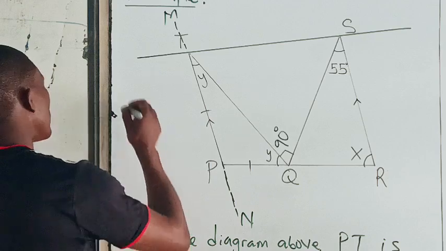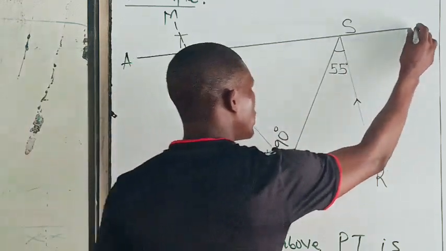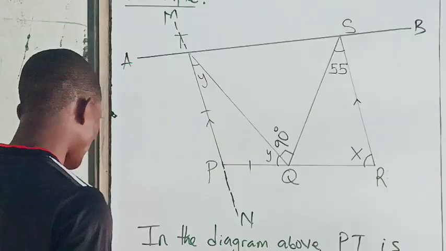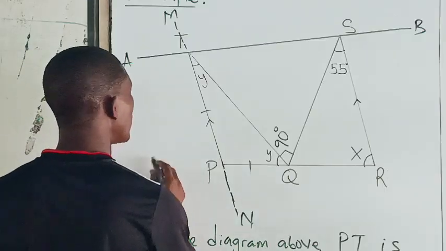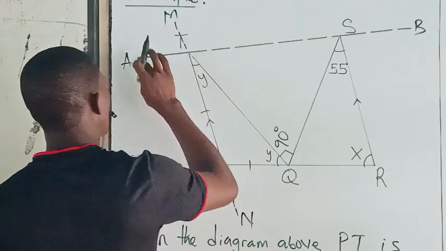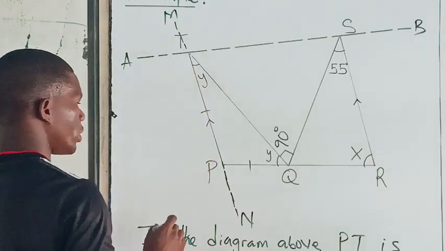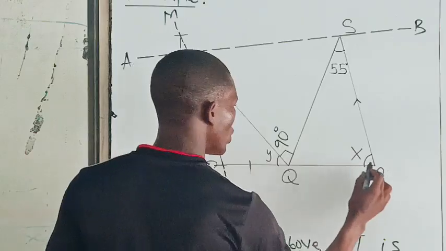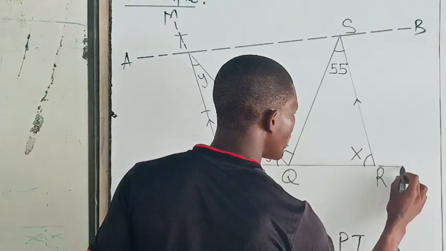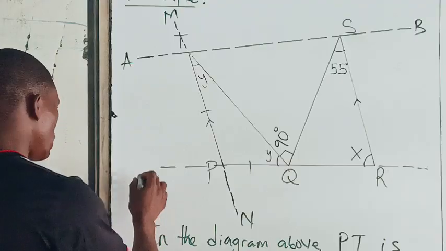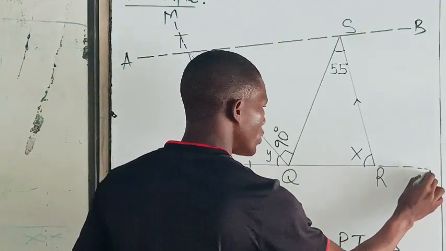This line I call A, and this one let's call B. Then I also extend this line. This one should be a broken line. Then I extend this on both sides, so I call it CD.